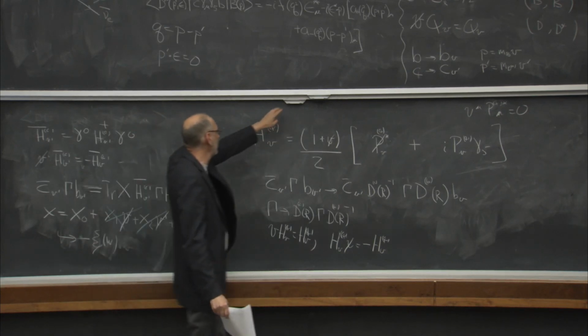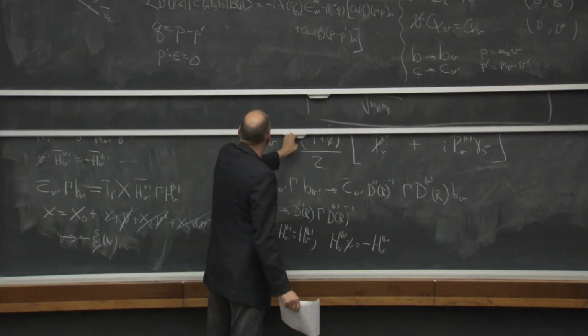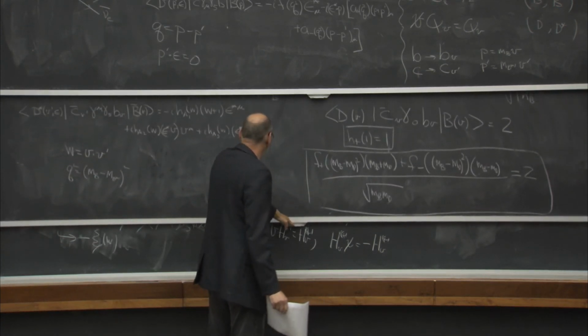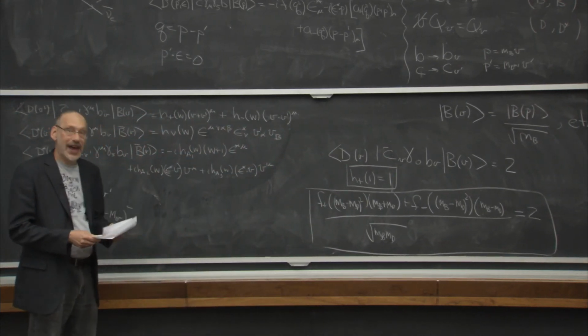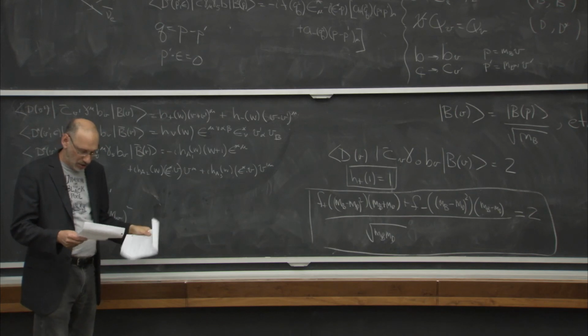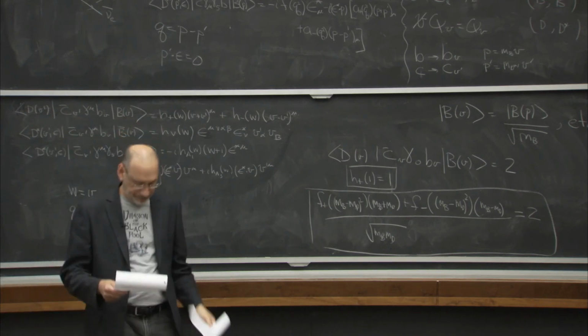And let me tell you what you get when you do that. So we can now return back to these form factors. You're going to get some prediction for these form factors. So I'll write it out for you.